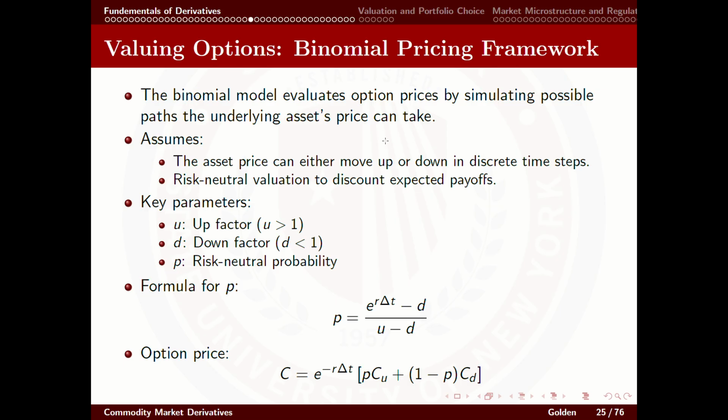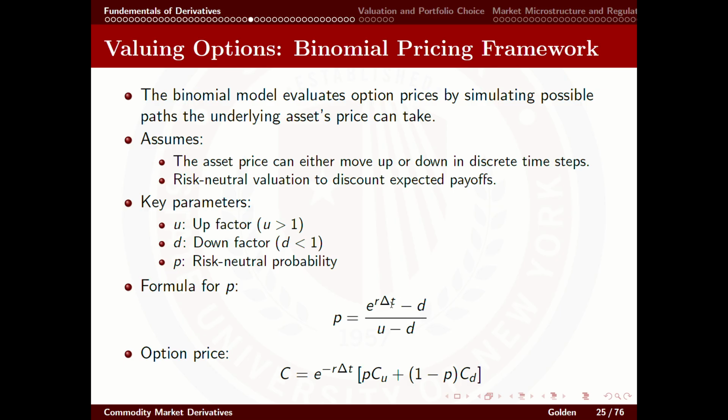And the way we're doing that is we're assuming that it can go up with some probability, down with some probability. If it goes down, we assume that leads to this price, and if it goes up, we assume that leads to this price and this amount of profit.